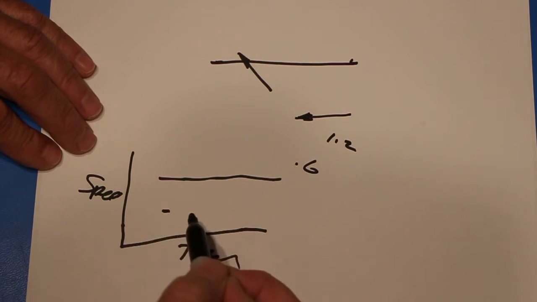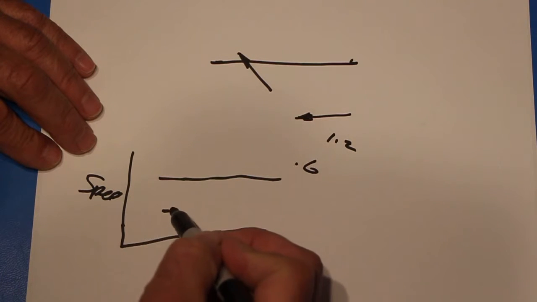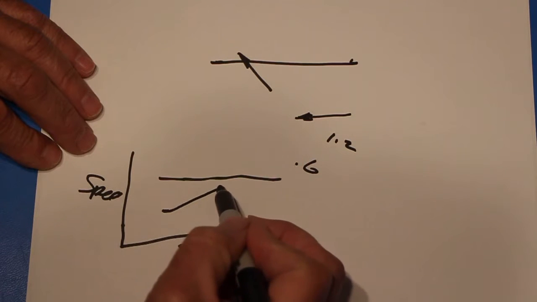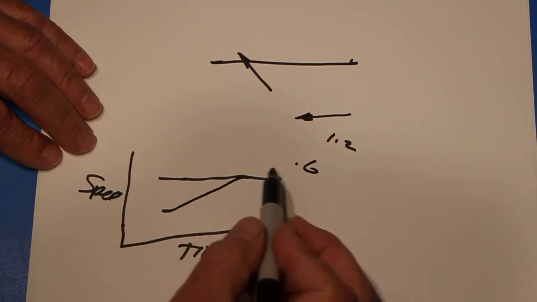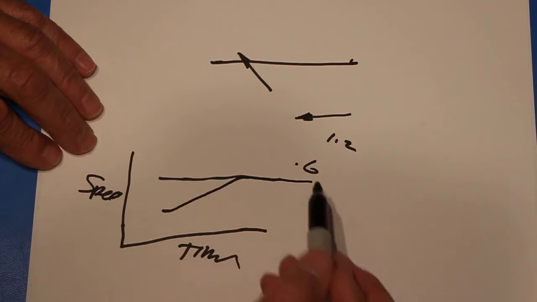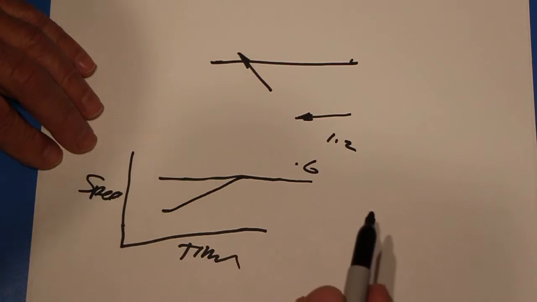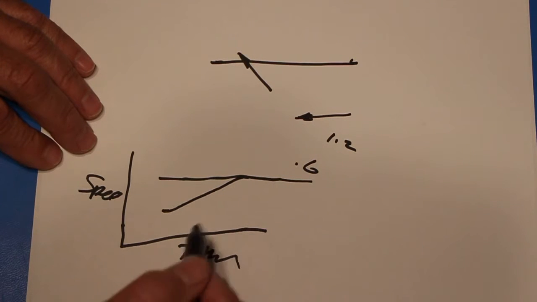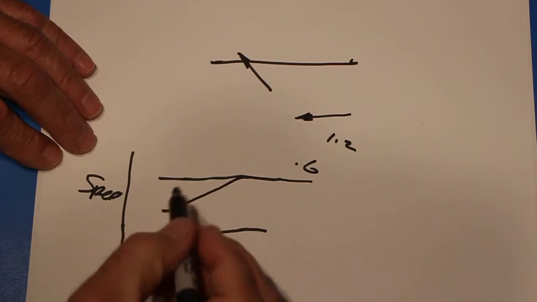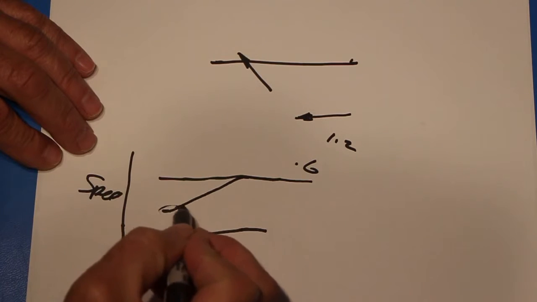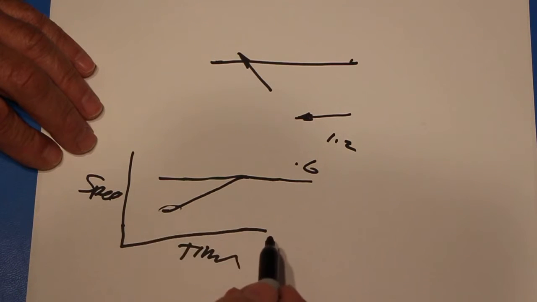And if you're going this speed, what the algorithm will do is it'll assume that you take a certain amount of time, called the time constant, to get up to the speed, the target speed that you've entered. So that's one way. And then, of course, as you get very close to the start, you're basically going to be using the actual speed because you don't have time to get up to speed.